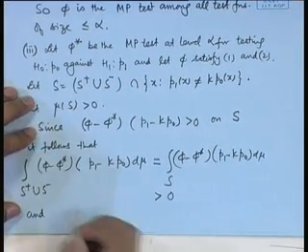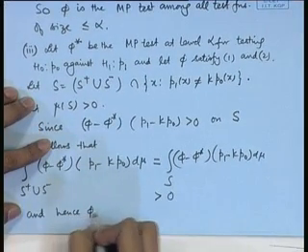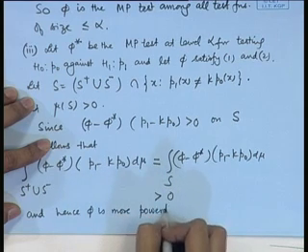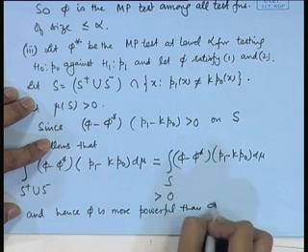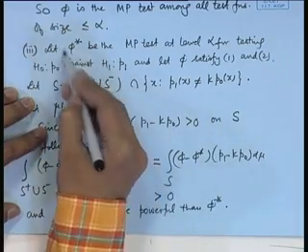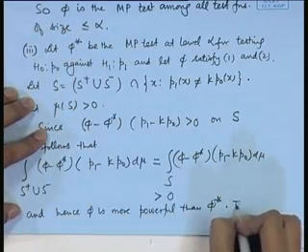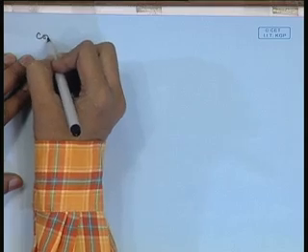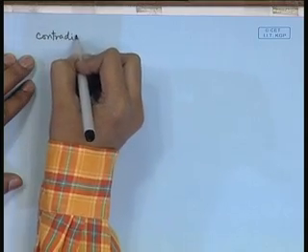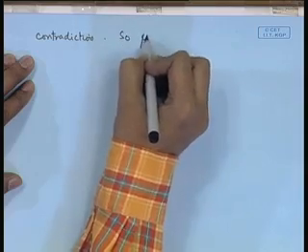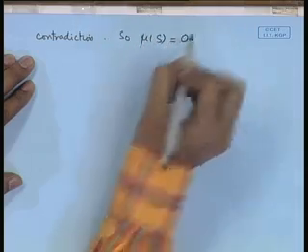So, this means that phi is more powerful than phi star. This is a contradiction because I started with phi star to be the most powerful. So mu S must be equal to 0.